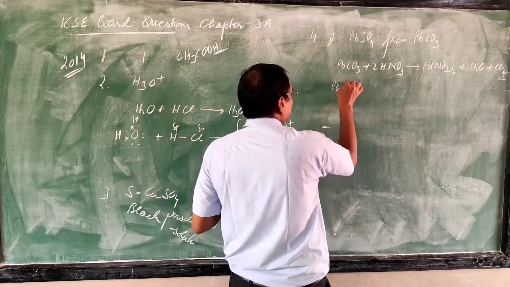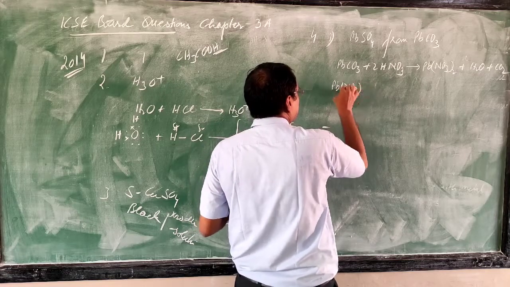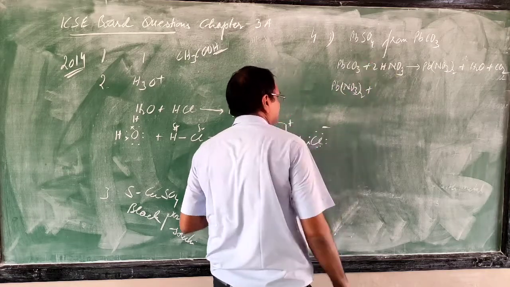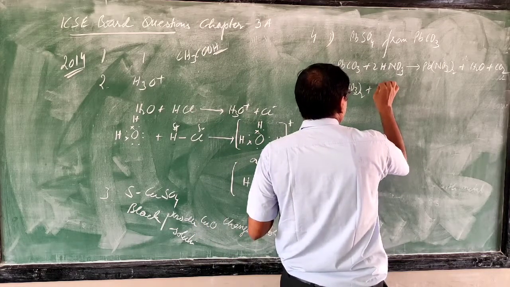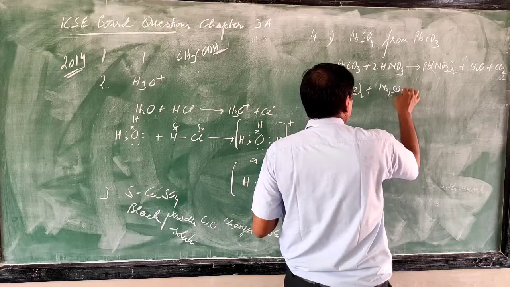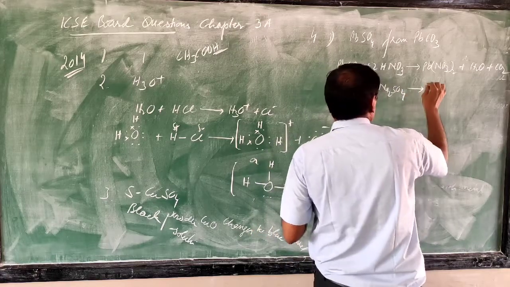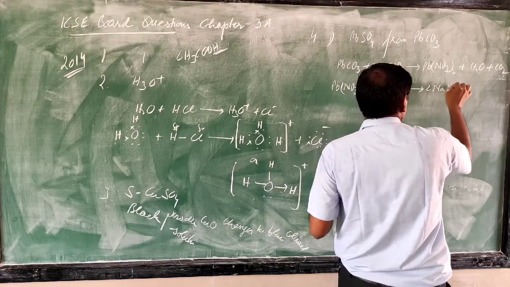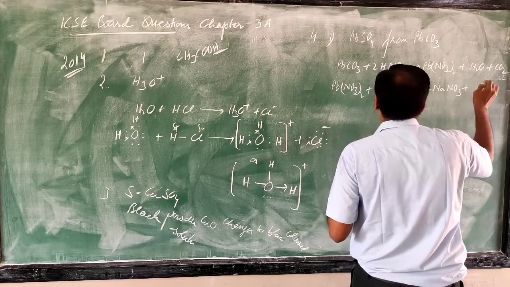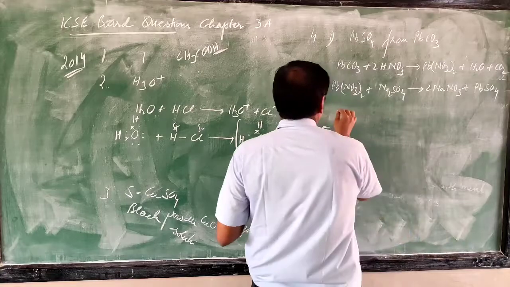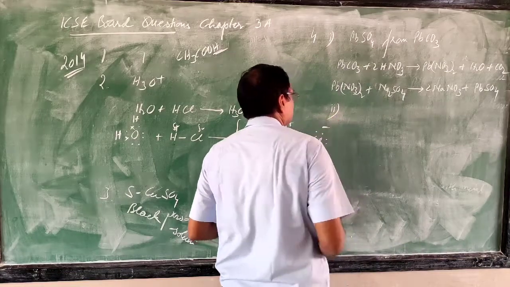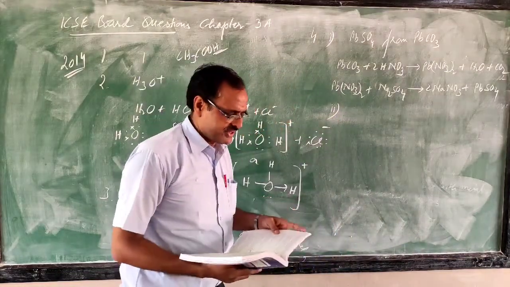So this lead nitrate, we need the sulfate. So sodium sulfate we can take, this will form sodium nitrate and lead sulfate. So that is the first question we have seen.